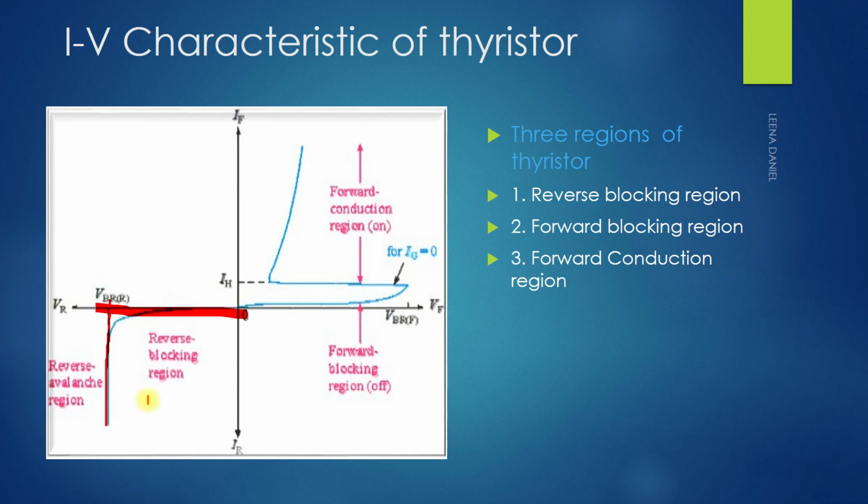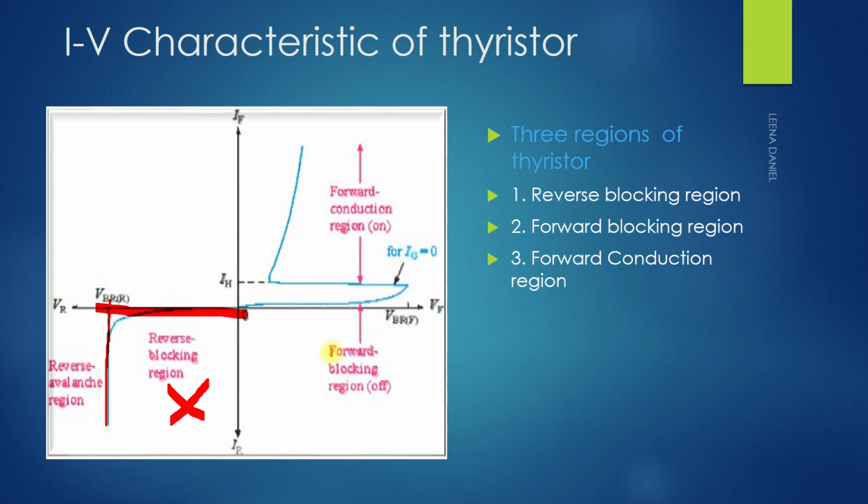The thyristor may be damaged and the layers may be burned out, so we never operate the thyristor in reverse bias. When a thyristor is connected in any circuit, we ensure that the maximum working reverse voltage should not exceed this VBR level.